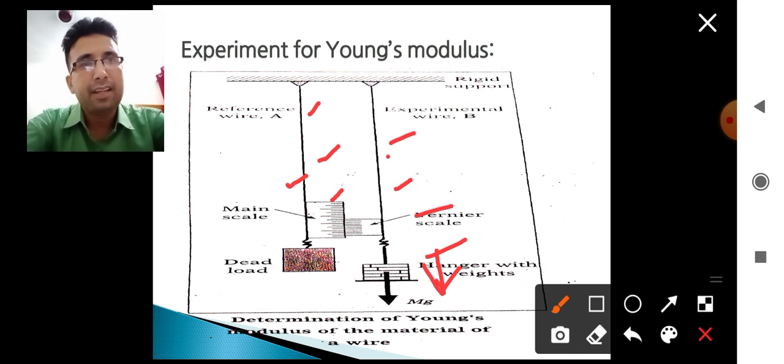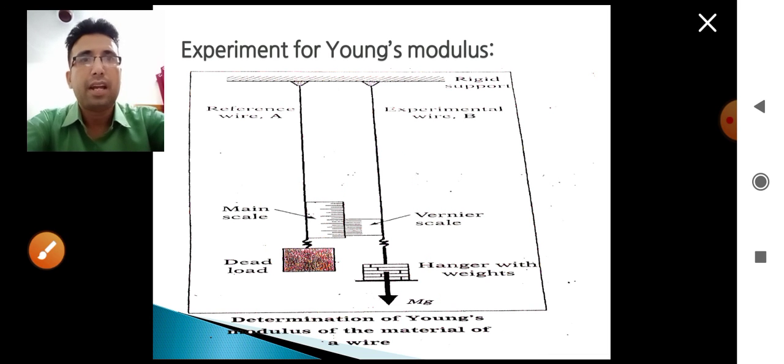And second, for the wire we are using, we will find out the diameter, from which we can find the radius of the wire, which leads to the area of the wire.